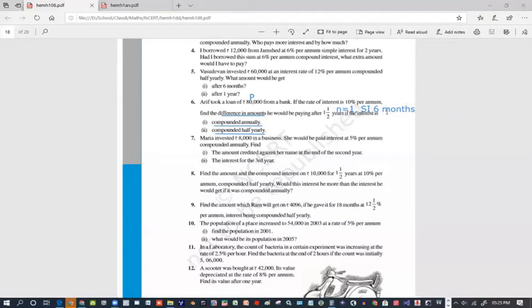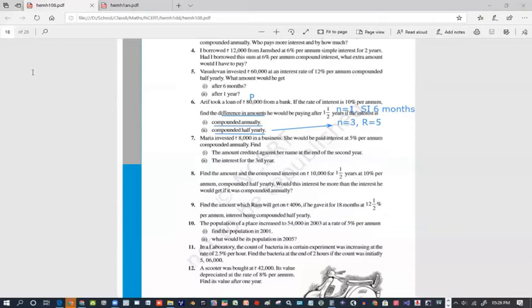And compounded half yearly, so N will become 3. Half yearly, R will become 5 for this one.